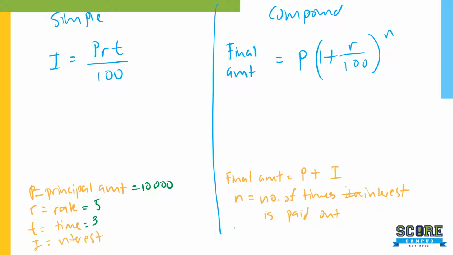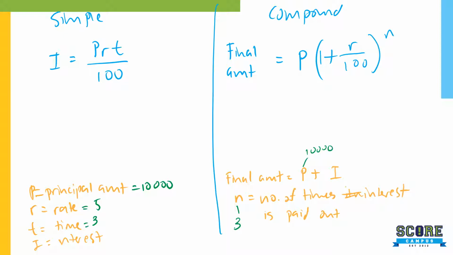So the same thing here. Principal is 10,000. Principal is 10,000. 3 years, so this is 3 times, and R equals 5.